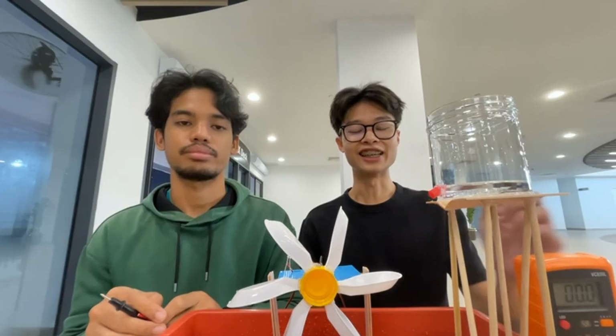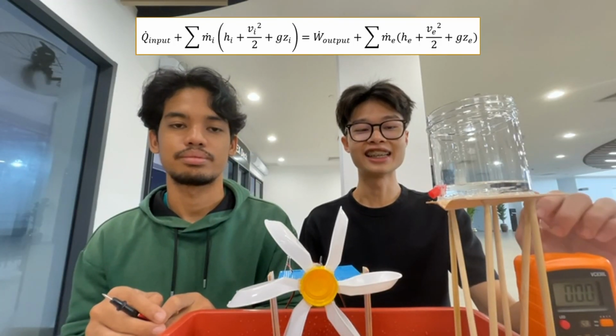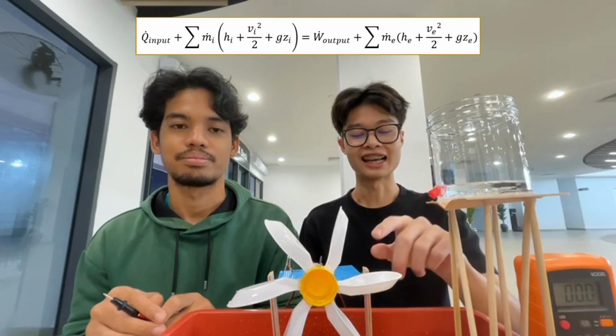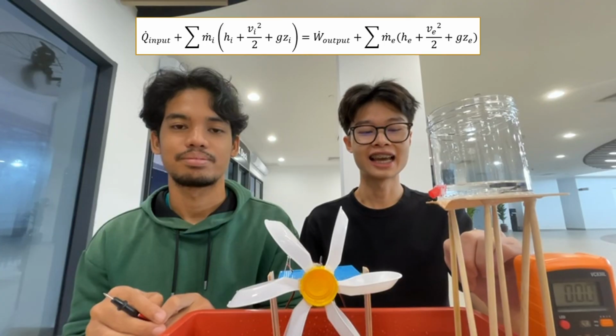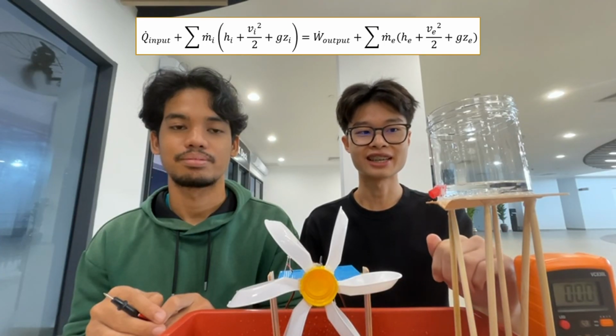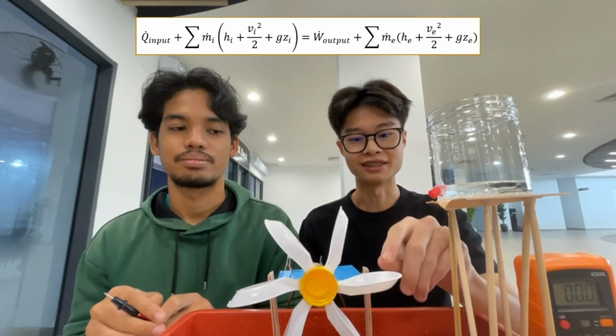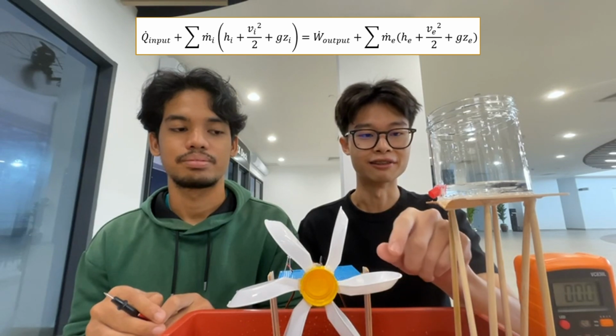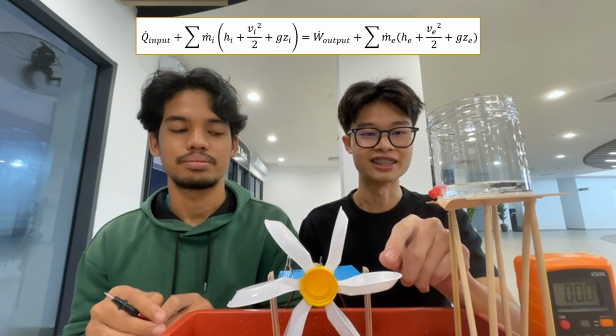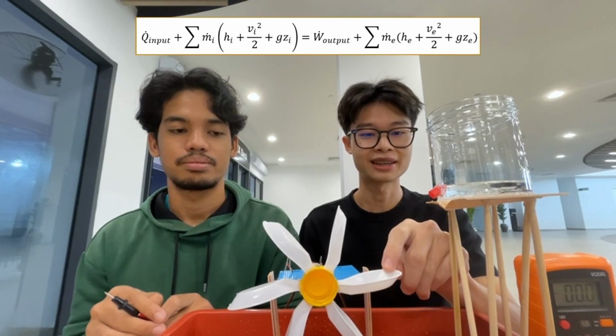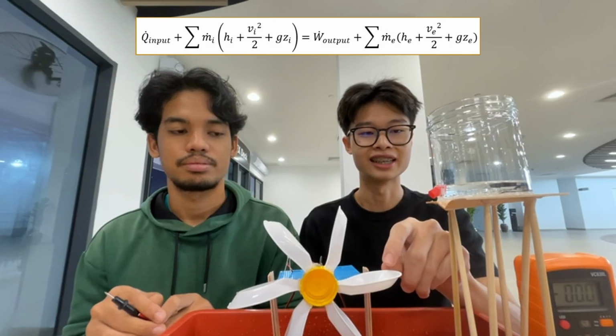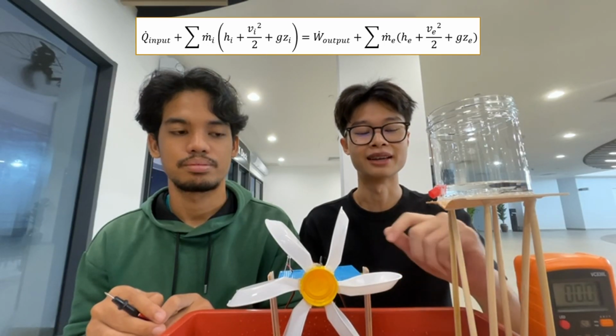According to the equation shown on the screen, our heat transfer would be 0 as there's no heat transfer in our process. Our mass flow rate also remains the same, and so does our height difference. As mentioned by Haikal, velocity 1 is the velocity just before it hits the turbine, and V2 is the velocity right after it hits the turbine.